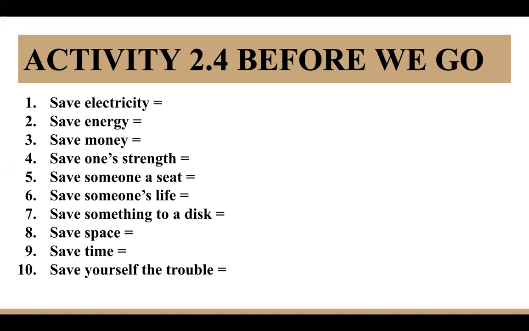Save someone's life, save my life, like you help someone else. Save something to a disk, meaning that you keep it secret or confidential. Save space, save time, save yourself trouble, meaning that you involve yourself in problems, save yourself trouble and you have to try to deal with that.